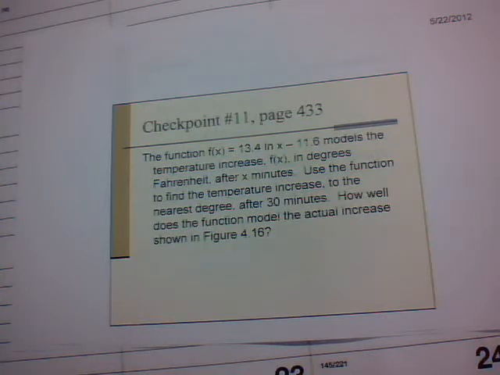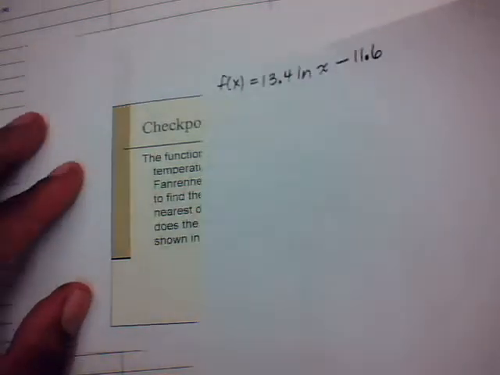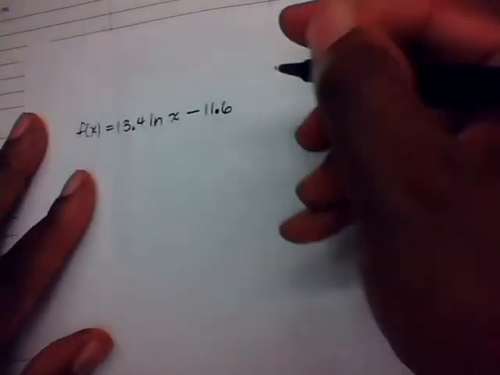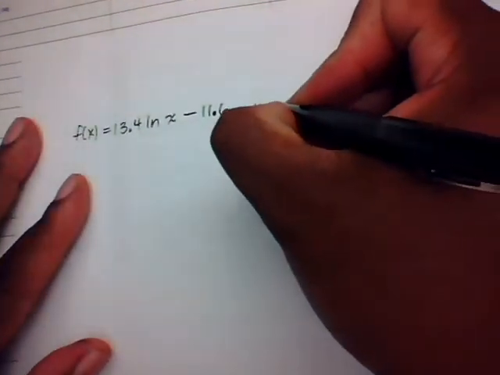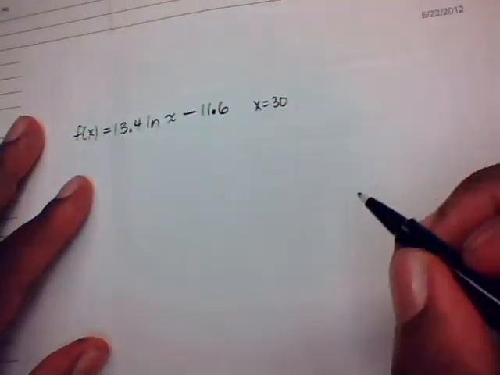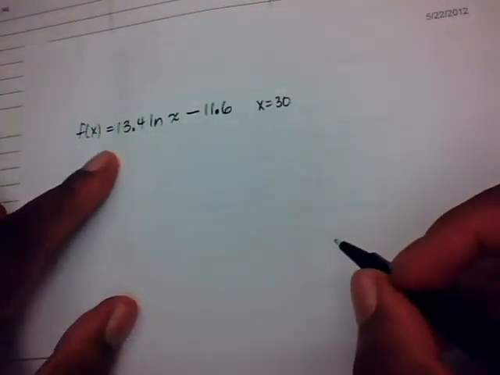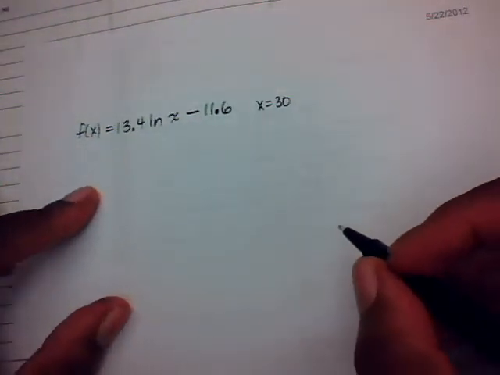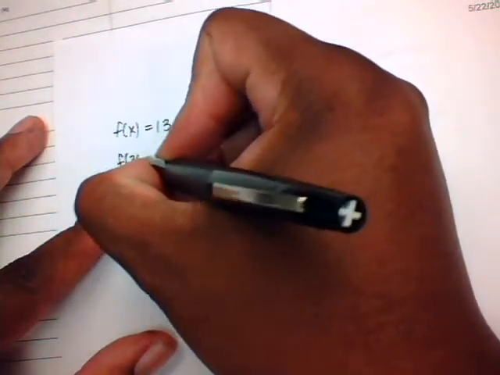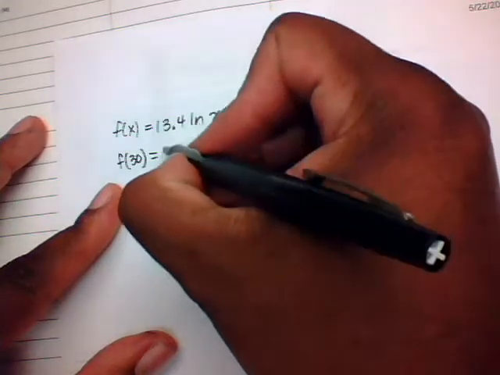Use the function to find the temperature increase to the nearest degree after 30 minutes. Okay, so here we know x is 30, and this is our function that we're going to be using. So we'll basically just evaluate f of 30 by replacing the x with 30.